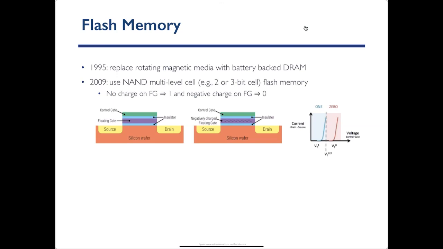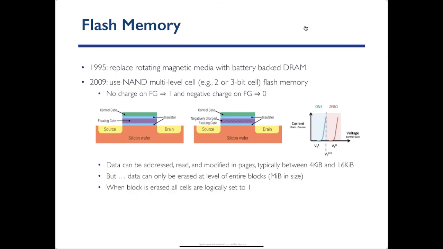Now, I'm just going to gloss over these. The physics of it probably doesn't really matter. We can use this time to talk about operating system stuff. I'm not going to talk about the physics of how reads and writes happen on a flash cell.